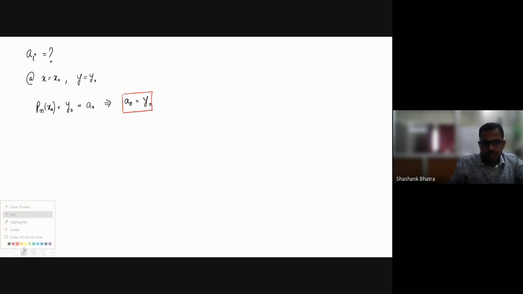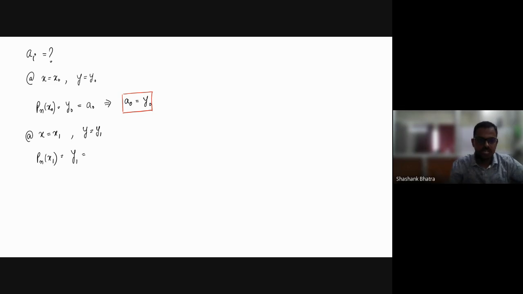In the similar manner, at x equals x1, I have y equals y1. So what will it be? Pn for x1 will be simply y1. And if I go on from the polynomial expression, it will be a0 plus a1 (x1 minus x0).